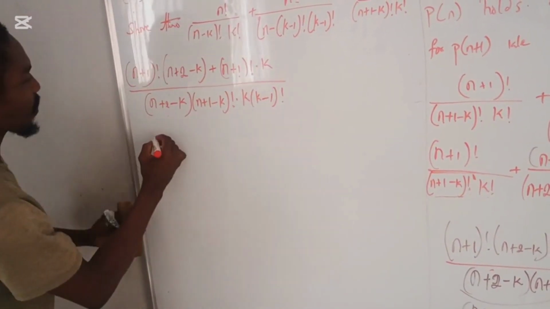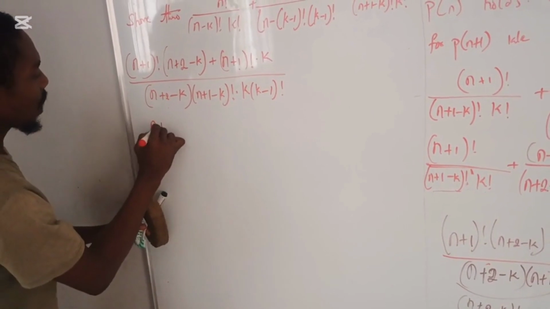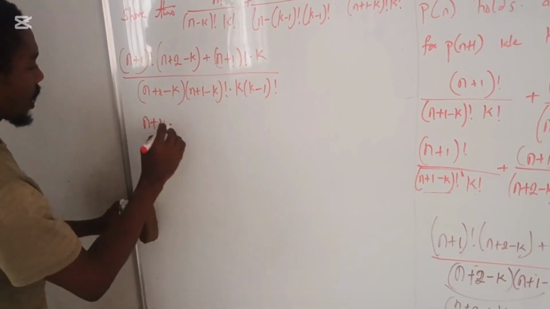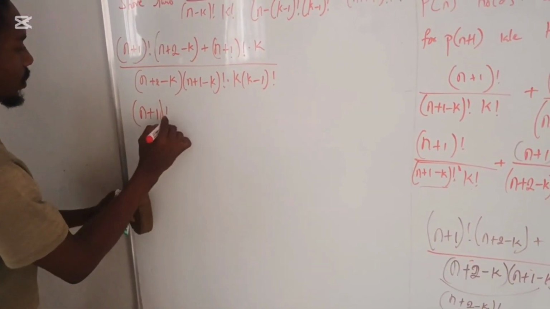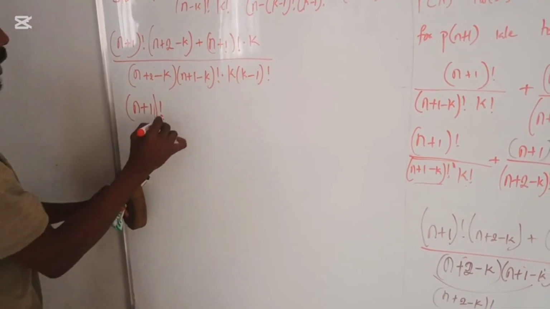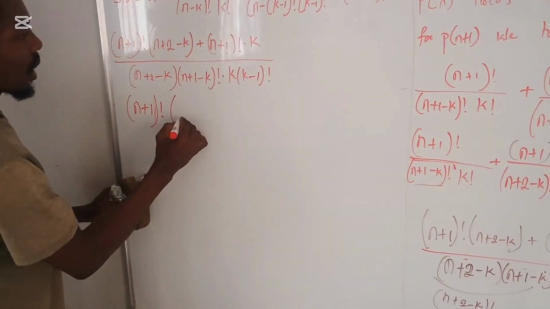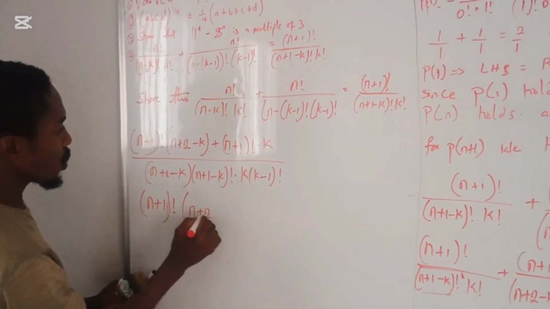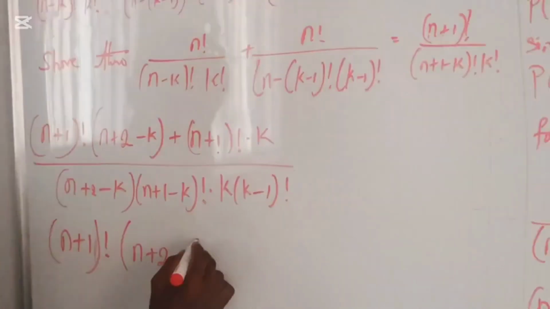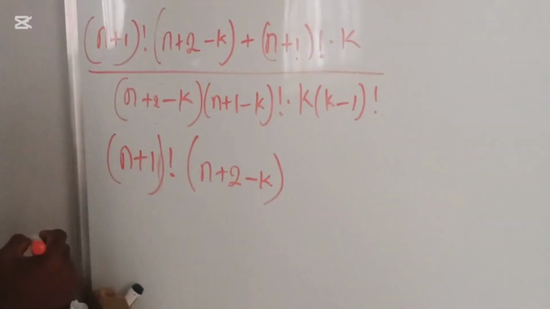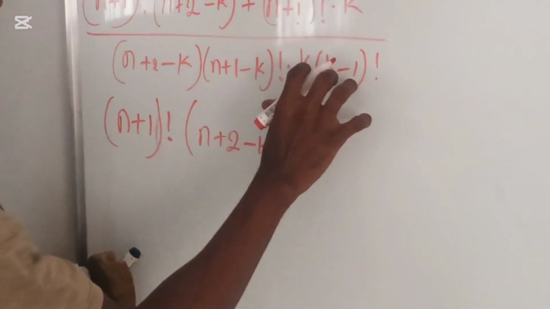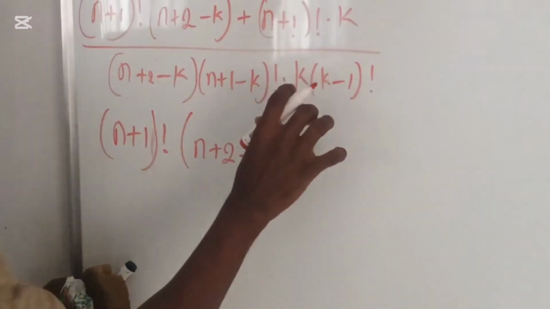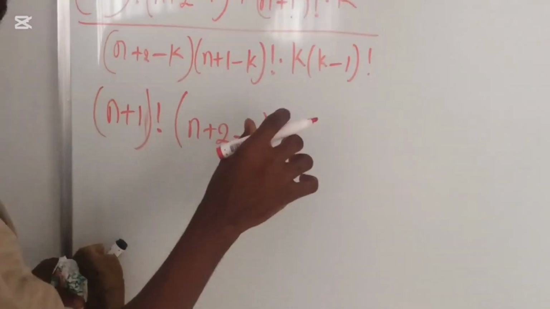So you bring out n plus 1 factorial. So here n plus 1 factorial, bracket open, we have n plus 2 minus k plus k.